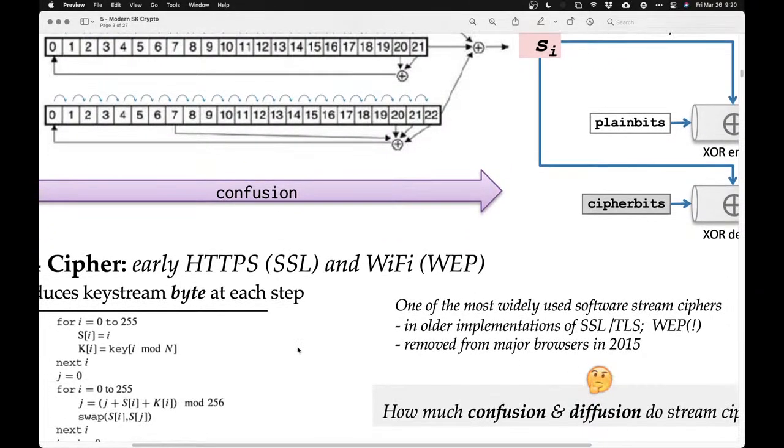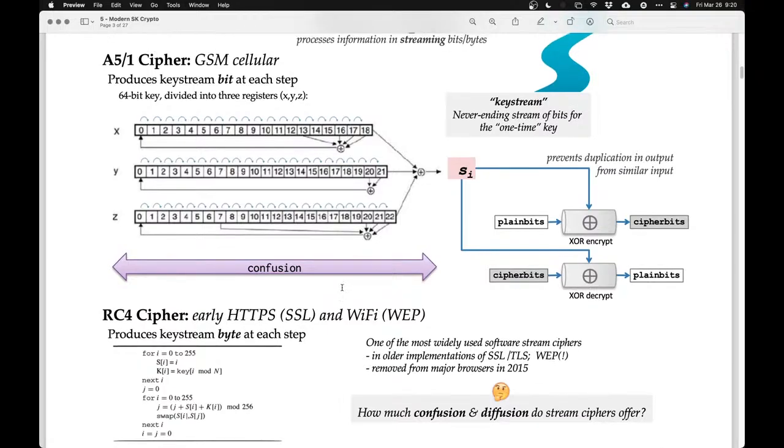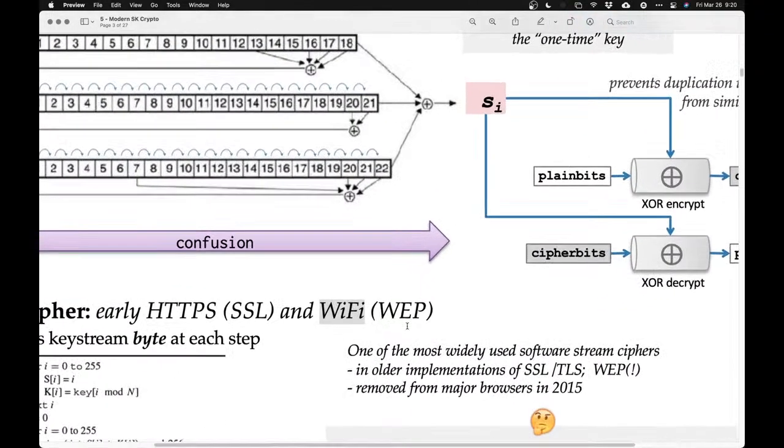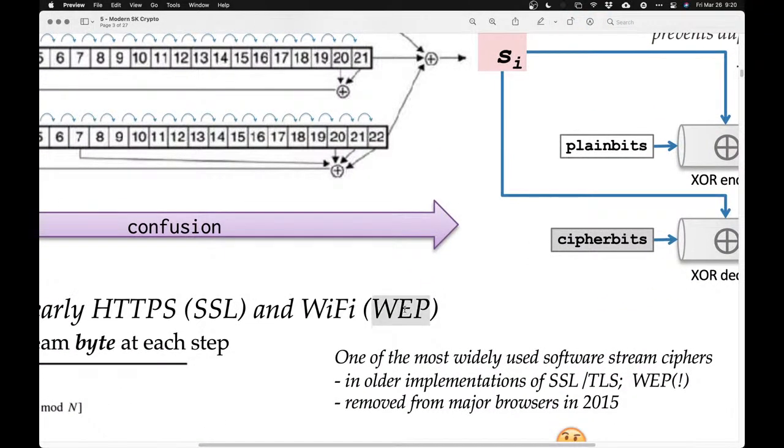The RC4 cipher was used in very early HTTPS or SSL. It was also the cipher that was used for WEP Wi-Fi. Nowadays when you connect to the Wi-Fi in the room, you typically see something like, please enter your WPA password.